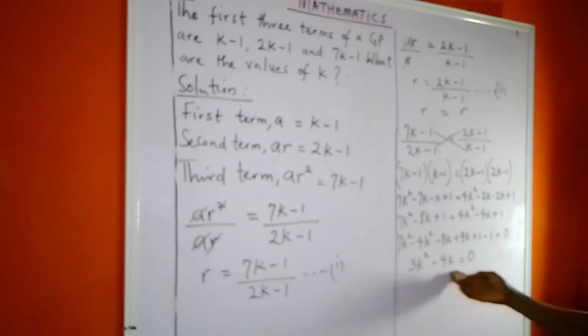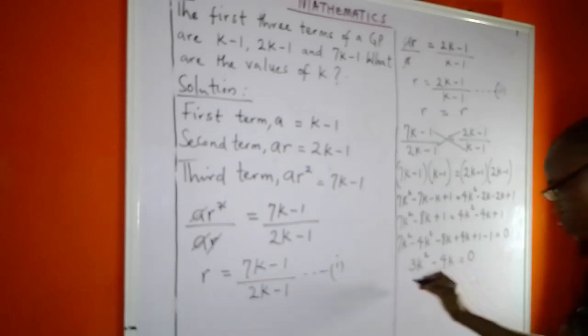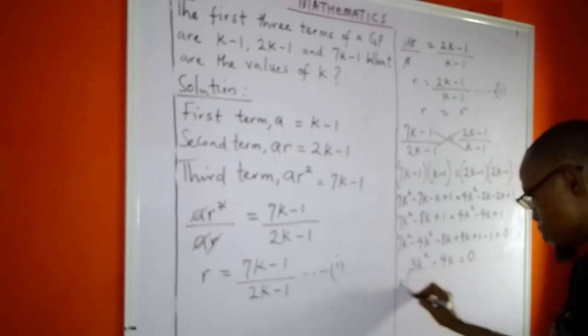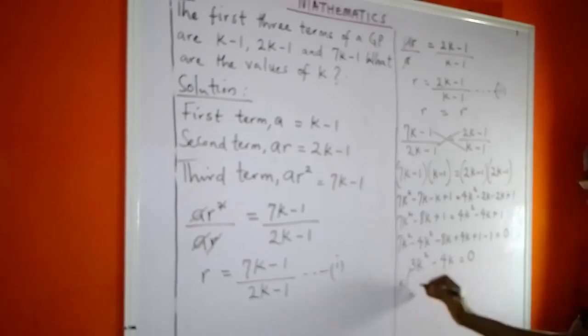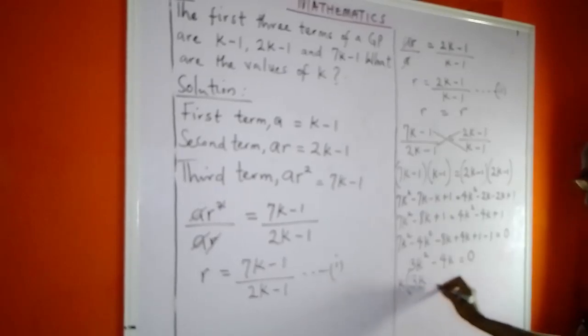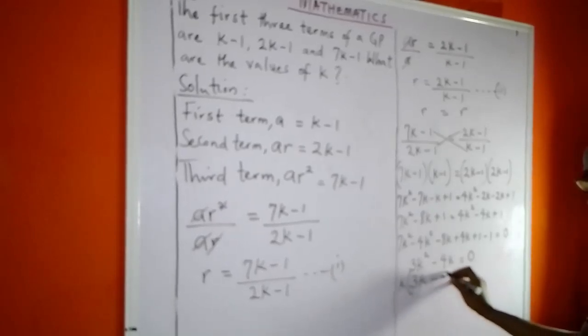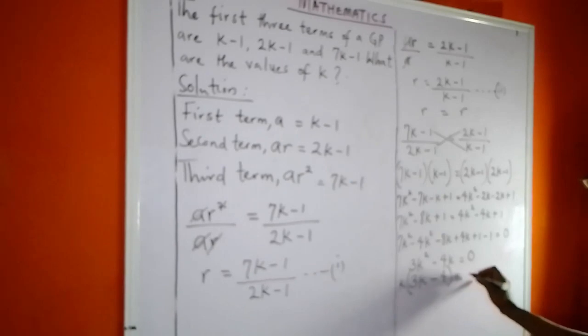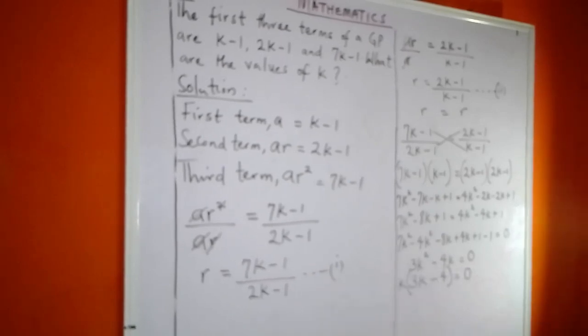So taking a look at this, what's common? K is common, so we have k, open a bracket. What will you be left with? We're left with 3k minus 4, all equal to 0.